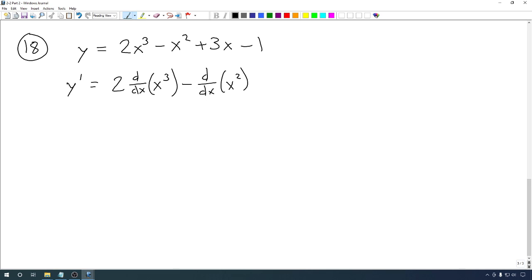You can treat this as plus a negative x squared, if you wanted to. Now we have 3x. We're adding the derivative of that. Of course, we could pull out that 3. So 3 times the derivative of x. Then finally, minus the derivative of 1.